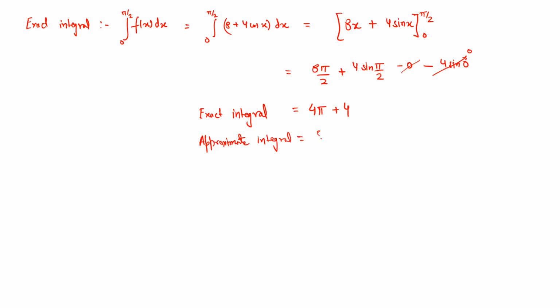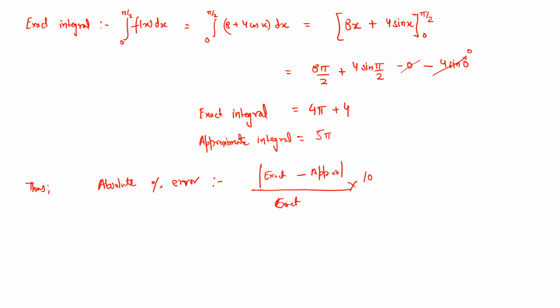Thus, the absolute percentage error will be given by the magnitude of the exact integral minus the approximate integral, divided by the exact integral, times 100.